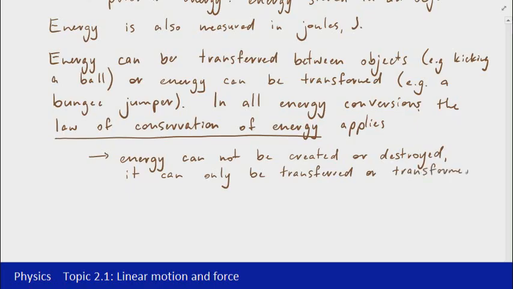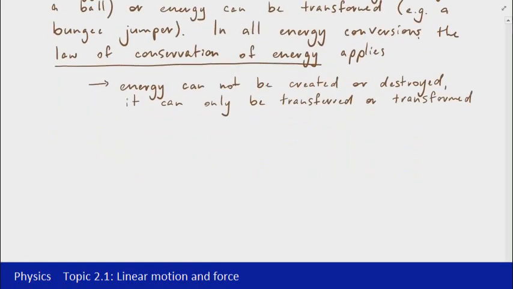The second way, which will come back again when we look at a few different scenarios in a few videos' time, is that the total energy in a system before a particular event will be the same as it is after.